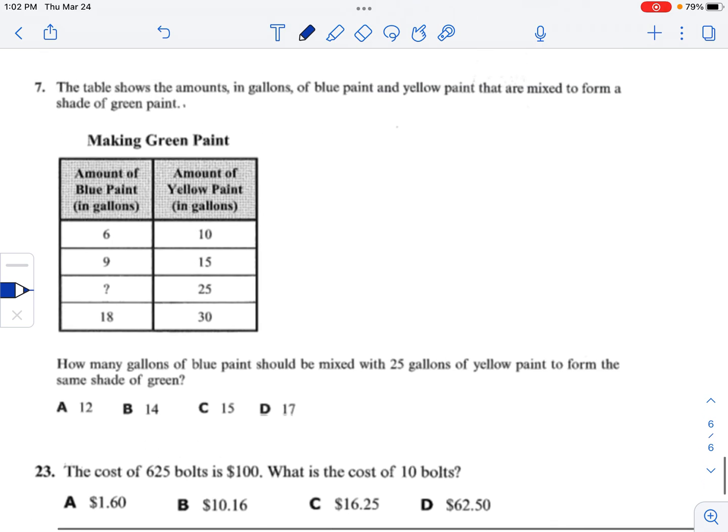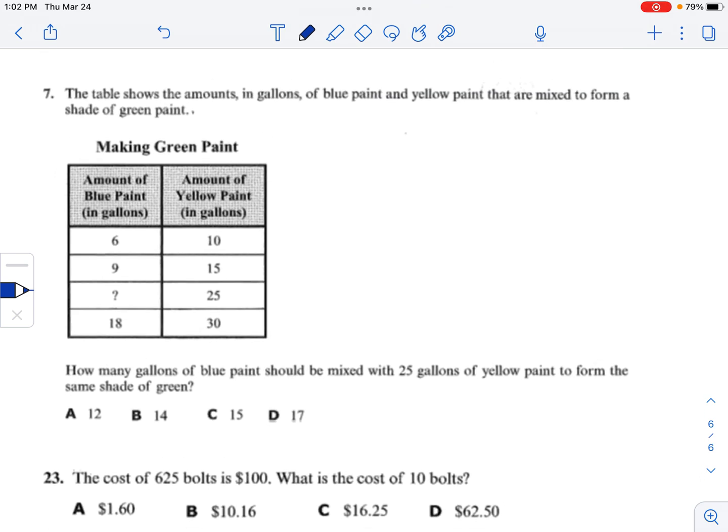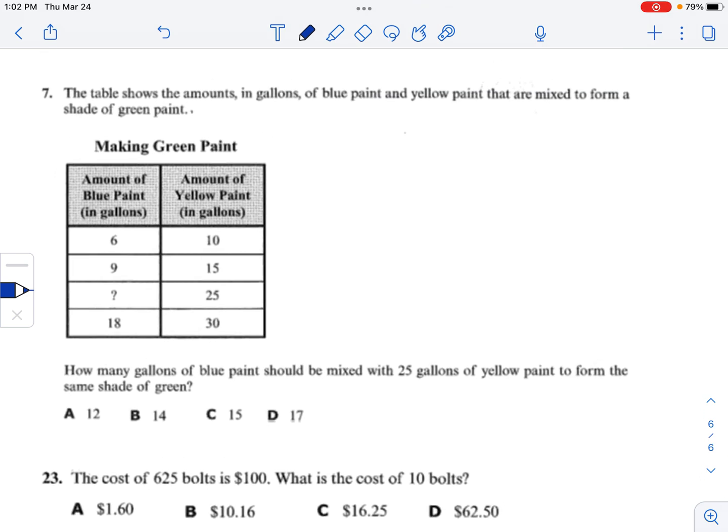All right. The table shows the amount in gallons of blue paint and yellow paint that are mixed to form a shade of green. How many gallons of blue paint should be mixed with 25 gallons of yellow paint to form the same shade of green? So we want to fill out our ratio table here. There's several ways to do this. I'm going to find the simplest form ratio here.